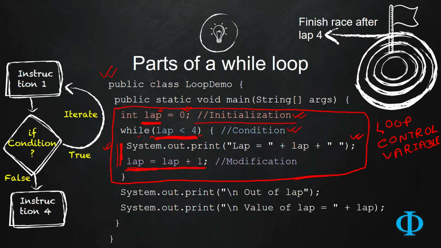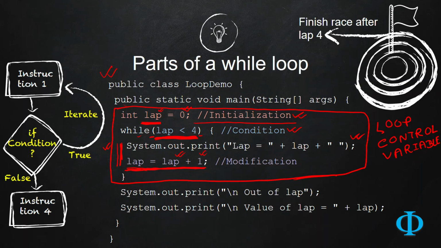To represent the racing example, we have incremented the lap variable by 1, but it can be any type of modification. It can be lap minus 1 also, if it suits the situation, or any type of arithmetic operation like division, or any number, based on the situation.